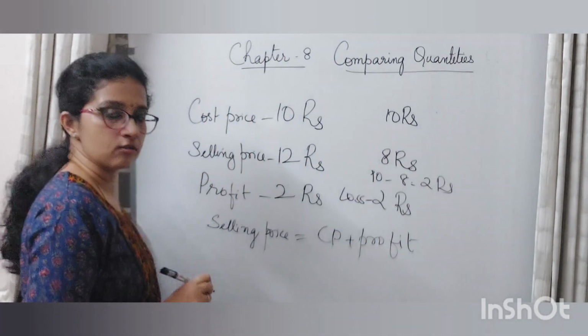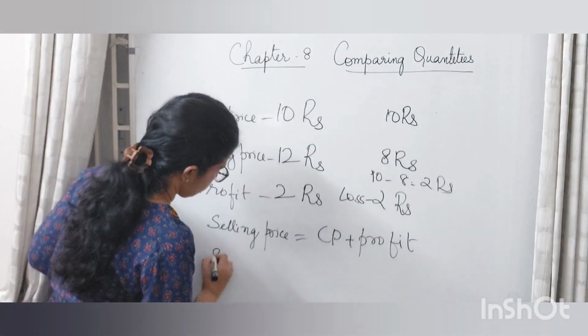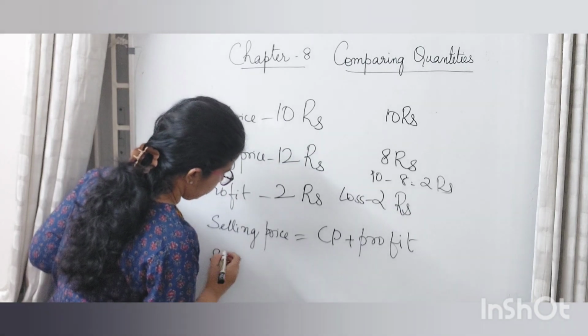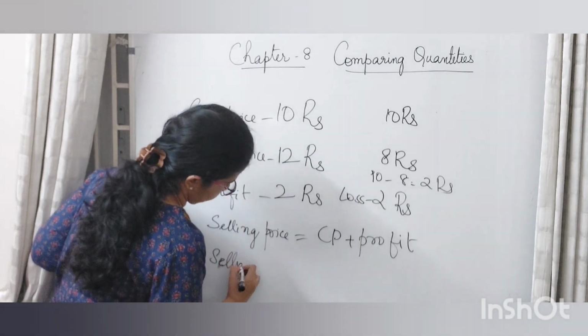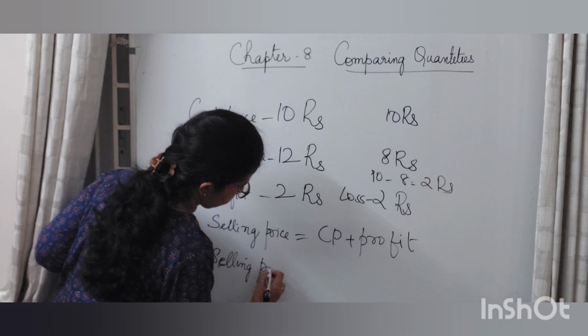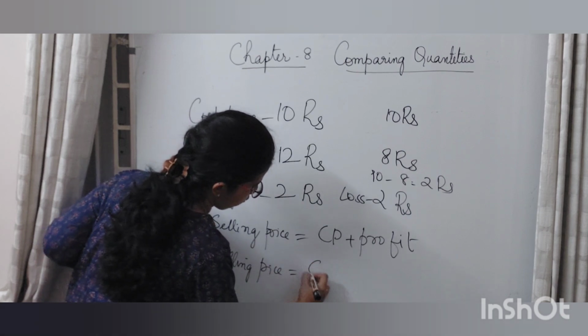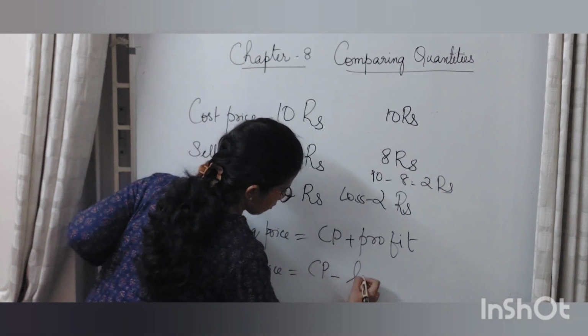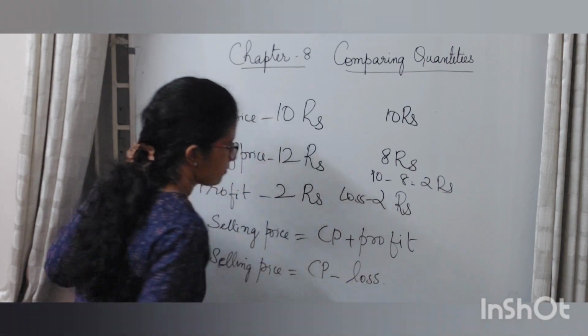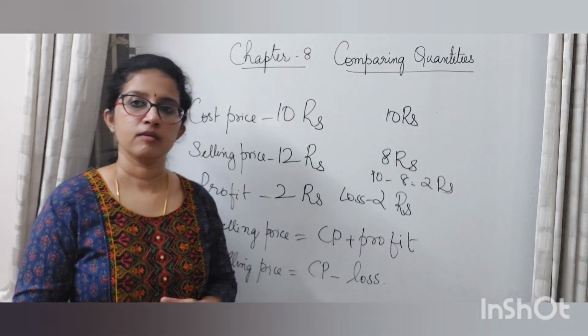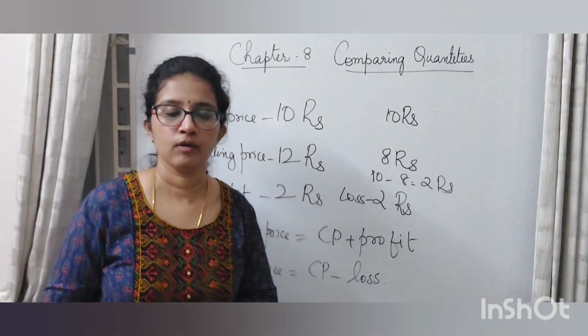Correct? So we can also say that selling price is equal to cost price minus loss. So clear till now? Okay.